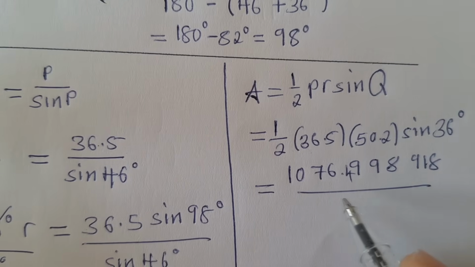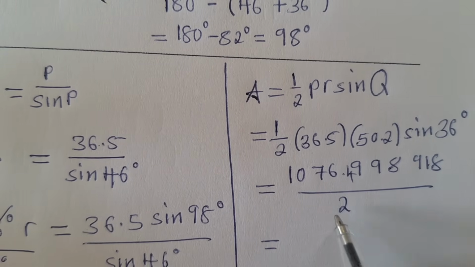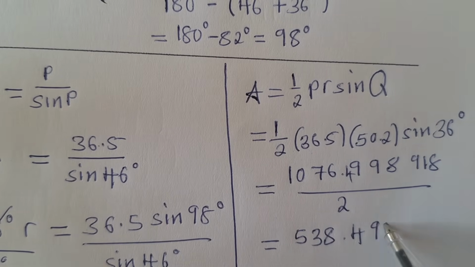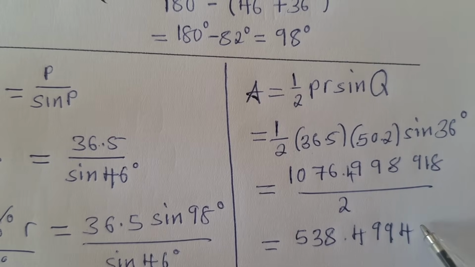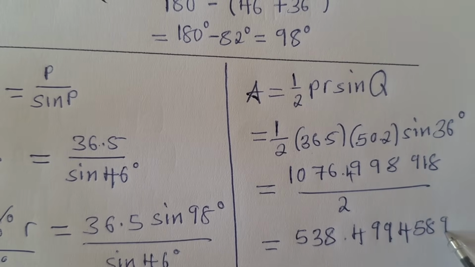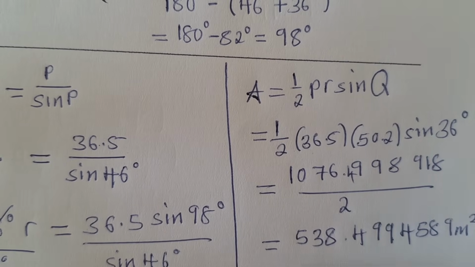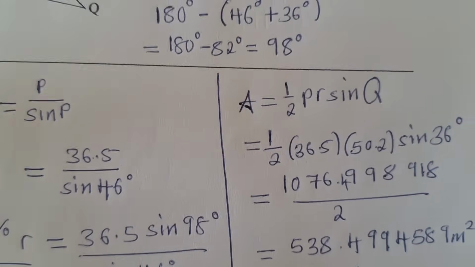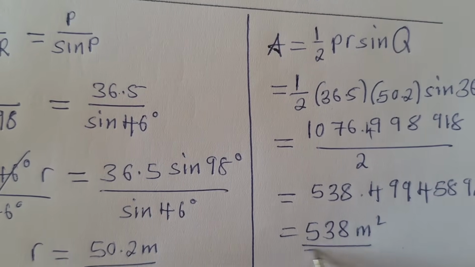I hope this is what you're also getting. Over 2. When you divide by 2, this is coming out to be equal to 538.499458 meters squared. So we can round off. This will be in 3 significant figures. This is how the answer will look like.